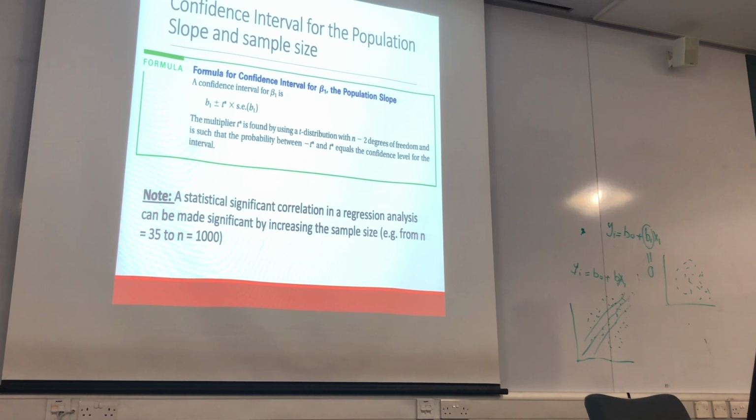So a statistically significant correlation in the regression analysis can be made significant by increasing the sample size from n equals 35 to n equals 1000. And this is a big problem in frequentist statistics. Unfortunately, you have to learn this so you can go further, because now the whole world is heading toward what they call statistical learning and Bayesian statistics.